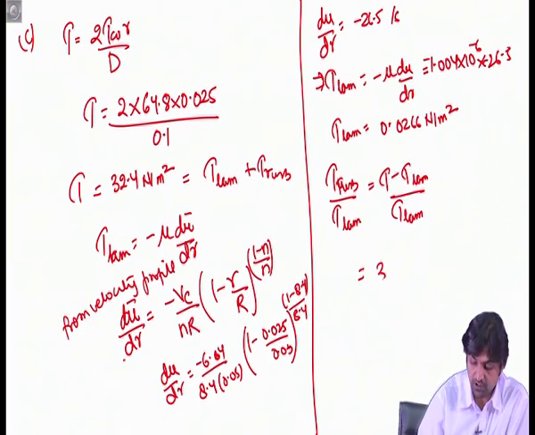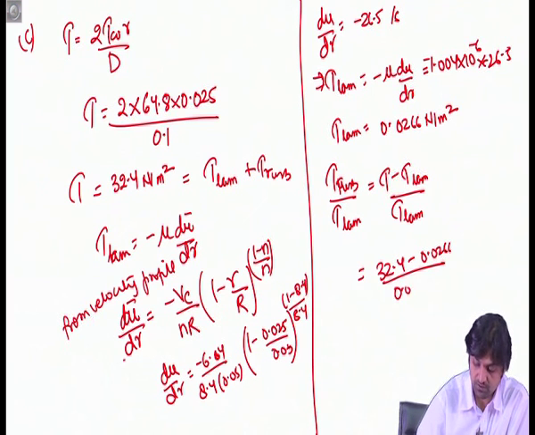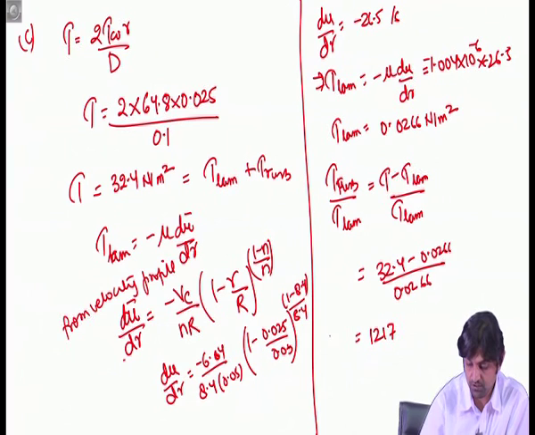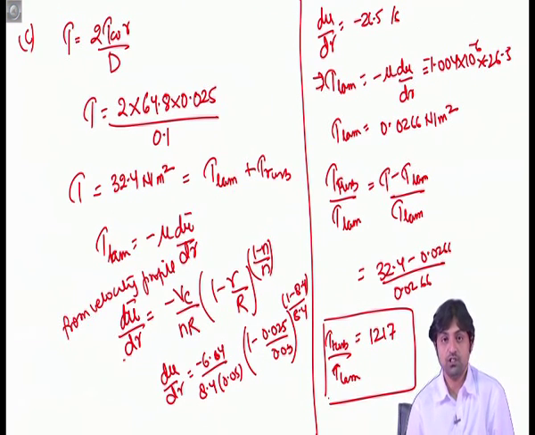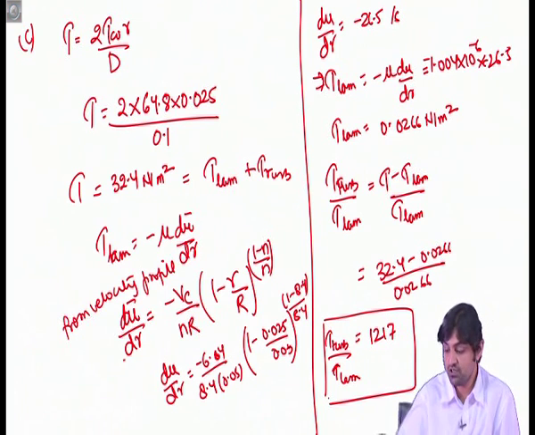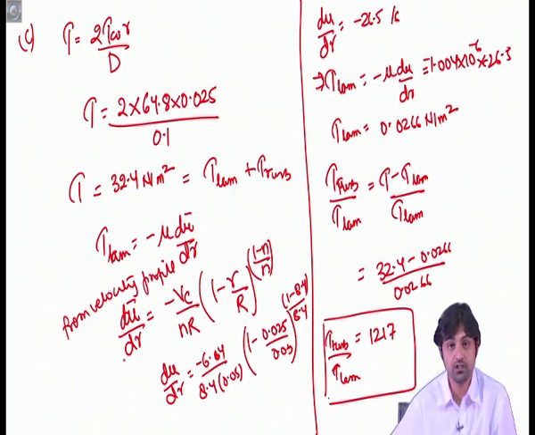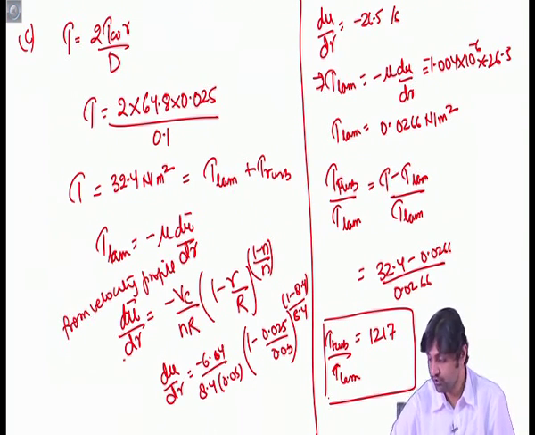So 32.4 minus 0.0266 divided by 0.0266, and this ratio comes out to be 1217 almost. So you see, the ratio of the turbulent shear stress to the laminar shear stress is of the order of thousands, as we have claimed before.